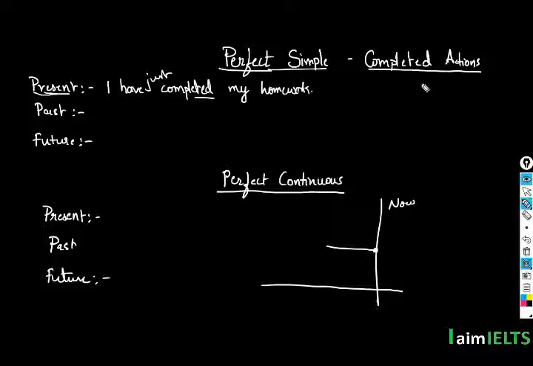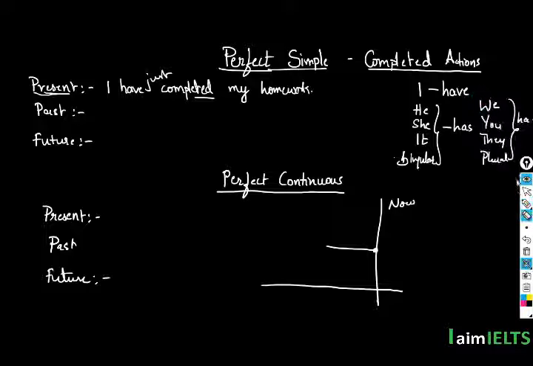Here the rule is, when you're talking about yourself, you would say have, I have. But for third person, which is he, she, it, or any singular, it will be has.